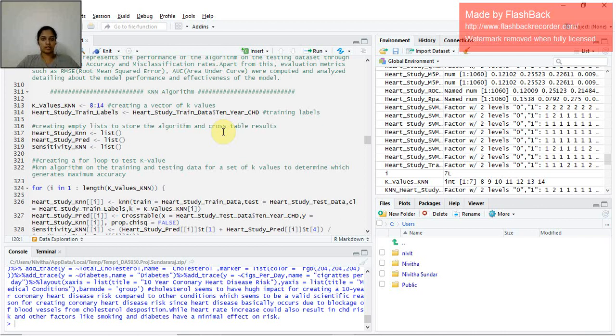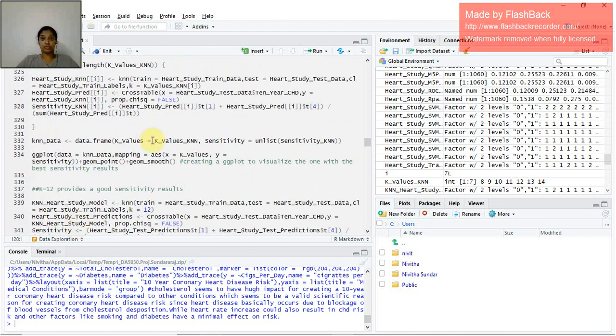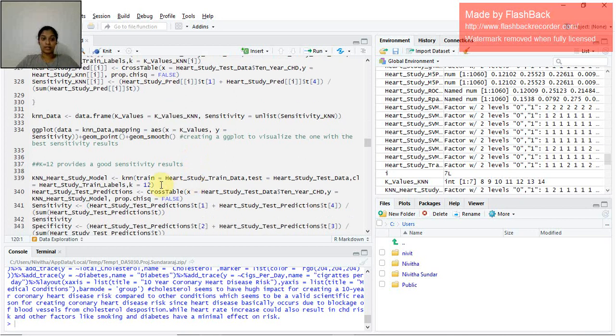I created a cross table to evaluate the performance of the KNN model, and sensitivity was determined. A ggplot was made between sensitivity values and k values to see which one worked best, and k equal to 12 surprisingly gave really good results.